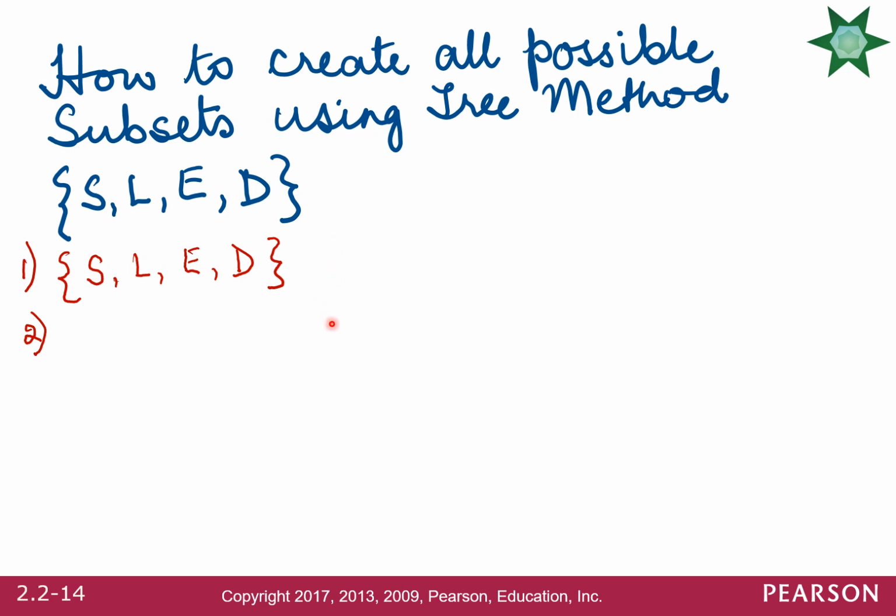So again, we are going to have elements of 3 in each subset until we capture all possible combinations of 3 elements. All right.